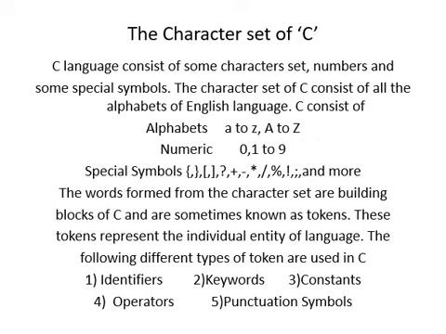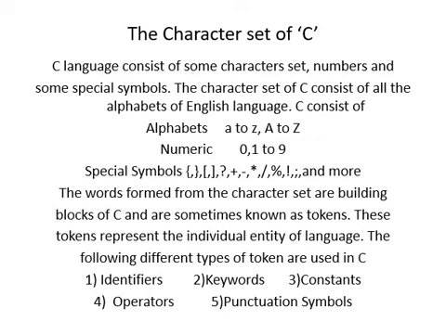The words formed from the character set are the building blocks of the C language, sometimes known as tokens. These tokens represent the individual entities of the language.